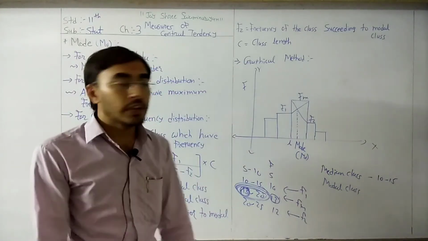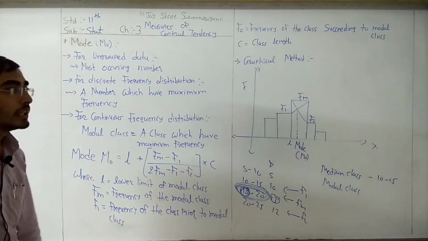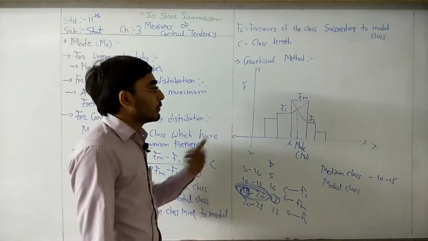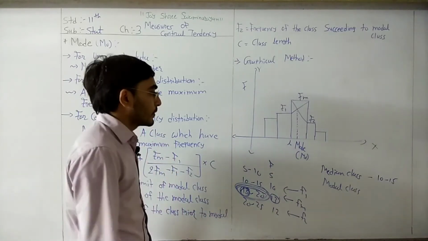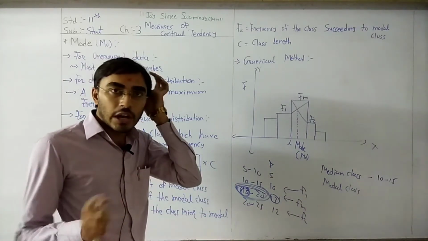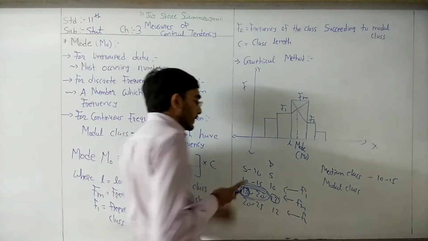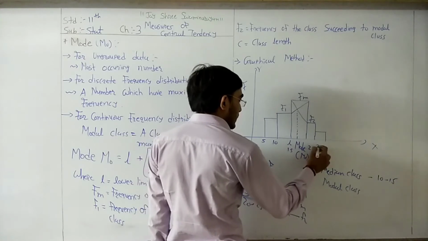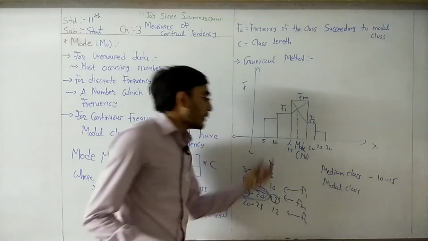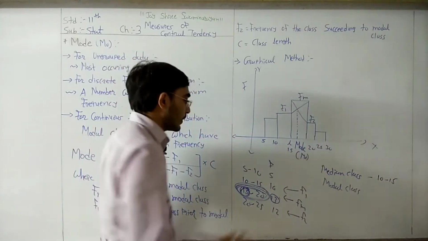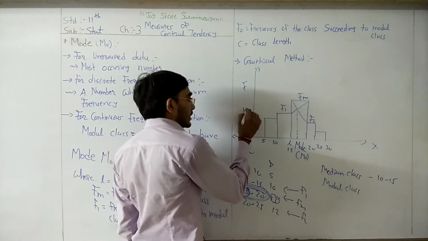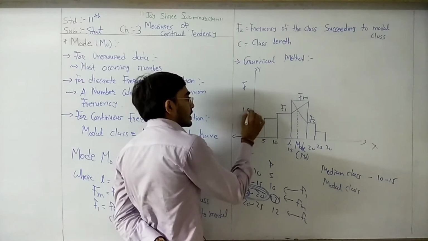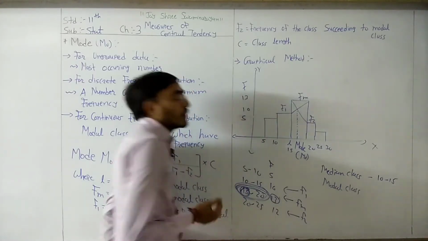Then we have one graphical method for finding the mode. First of all, we have the classes, 5 to 10, 10 to 15, 15 to 25, so we need to represent them here. Here we need to write our frequencies.